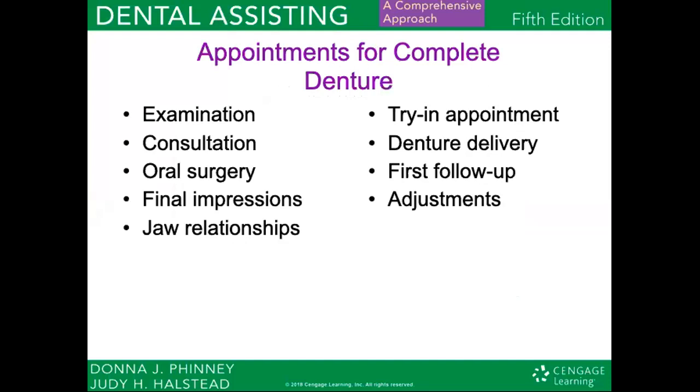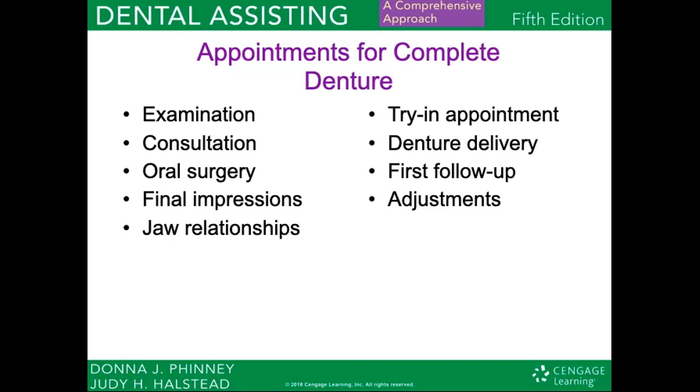So a patient requiring a complete denture will need to follow a series of appointments. The first is the oral examination and the taking of the first impressions as well as the radiographs. The next appointment is a consultation in which the treatment plan is explained and any questions are answered. Oral surgery will be performed if there is a need to remove teeth or contour the alveolar bone.